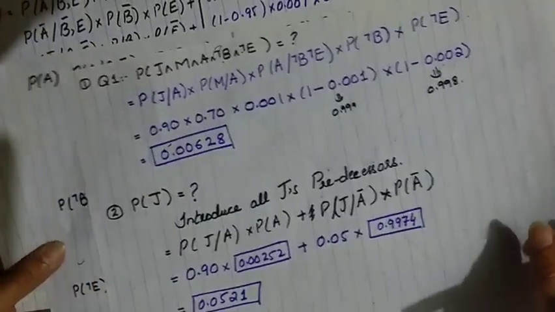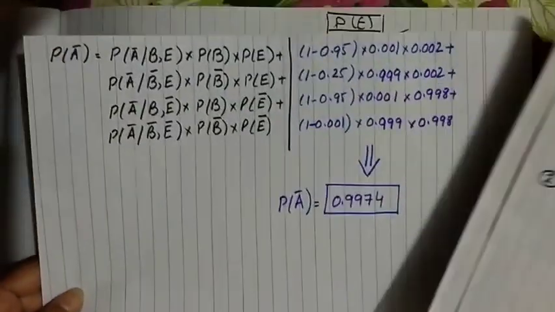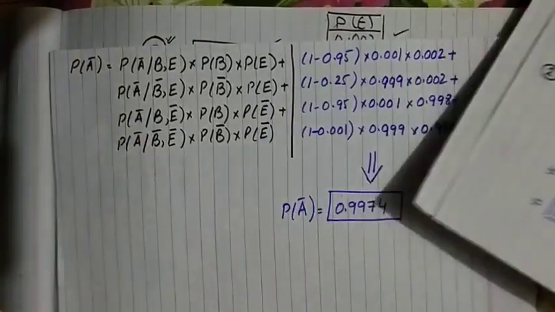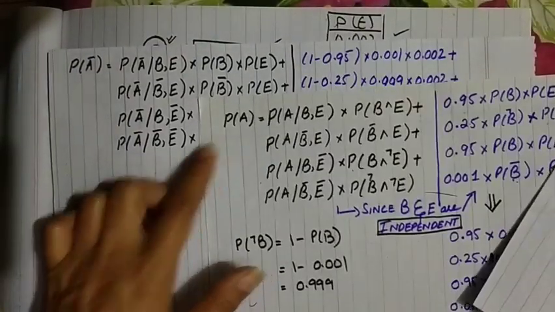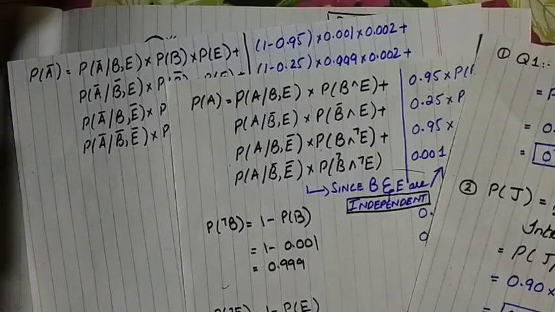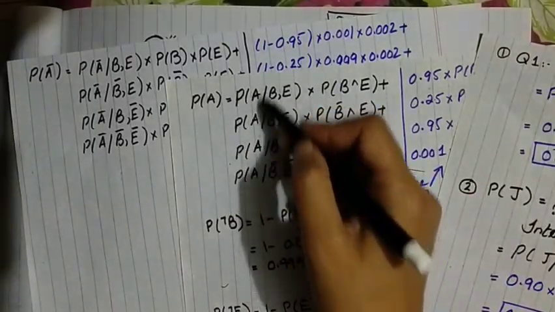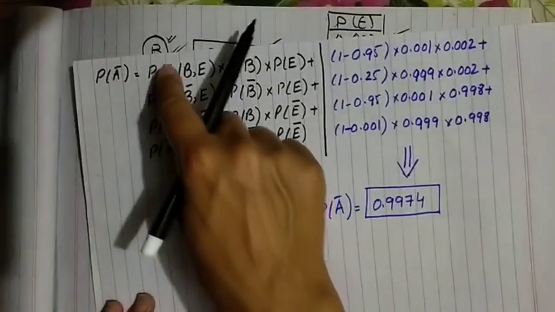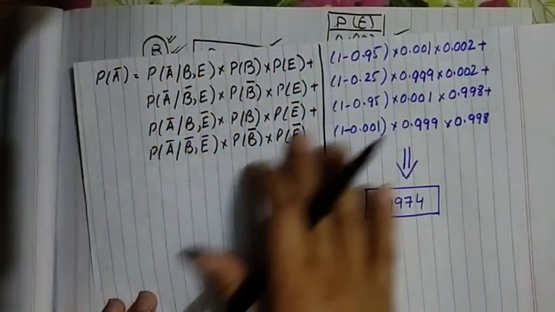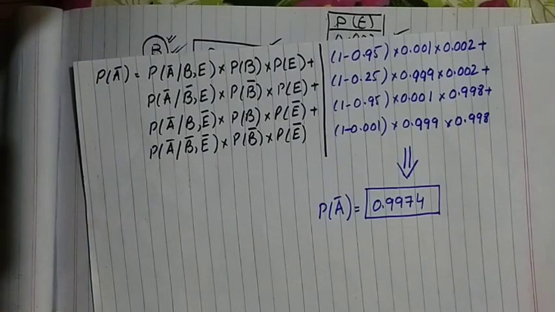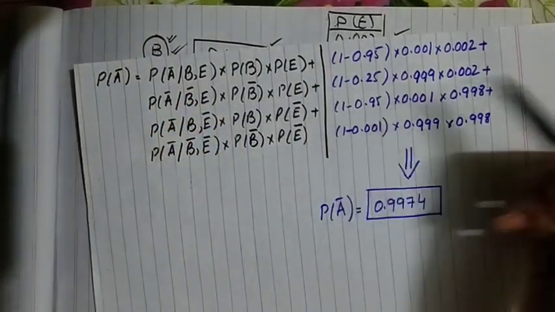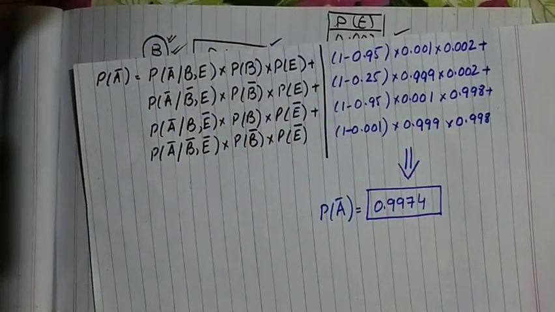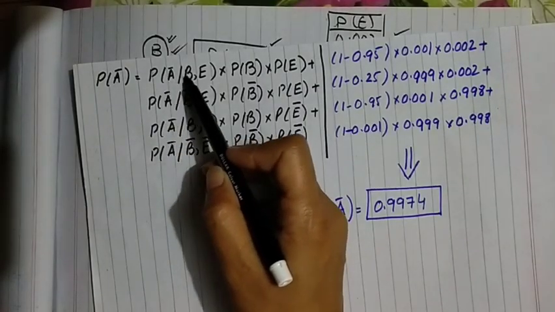We will find out this probability in the same way as we did for the probability of a. But here the alarm condition was true, and in this case I would make it false. The process of this probability of not a formula is the same as we made for probability of a, like probability of a given that b, not e.